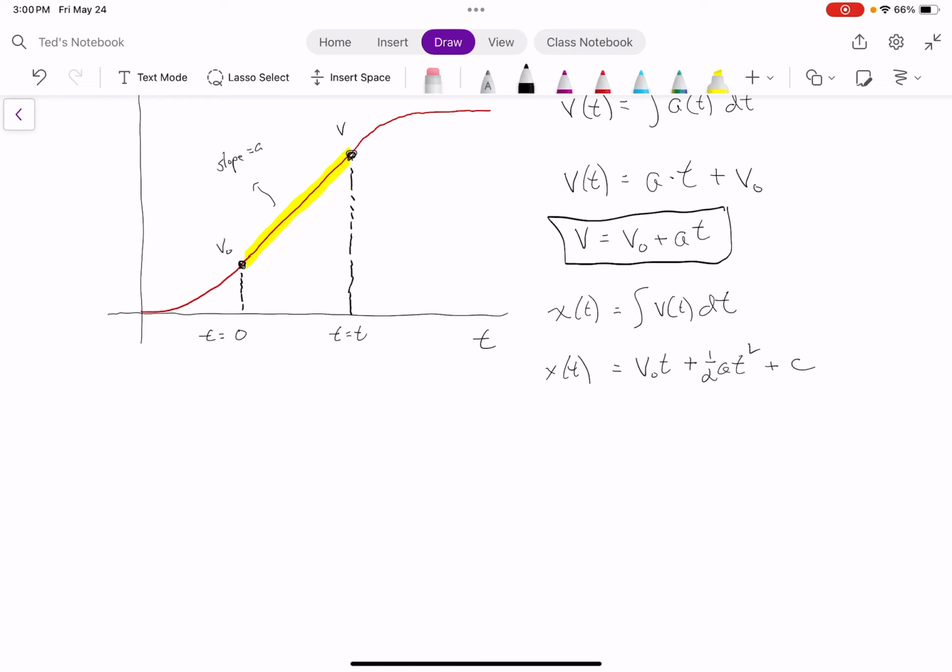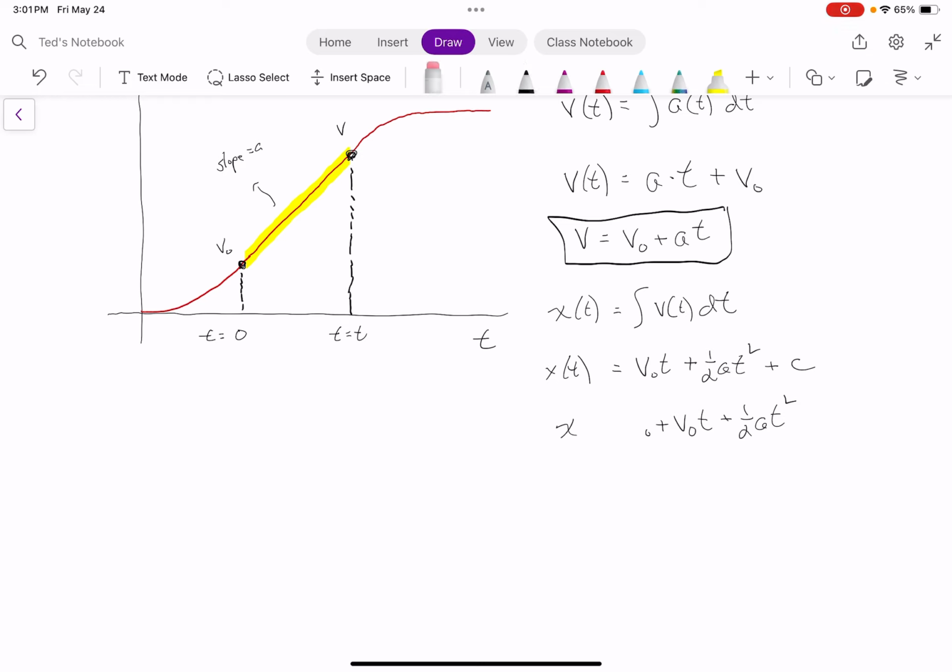And then if we plug in t equals 0, we find out that this constant should be the initial position. So what we end up with is that the final position is equal to the initial position plus v0t plus 1/2 at squared. And what I do is I subtract x0 from both sides.